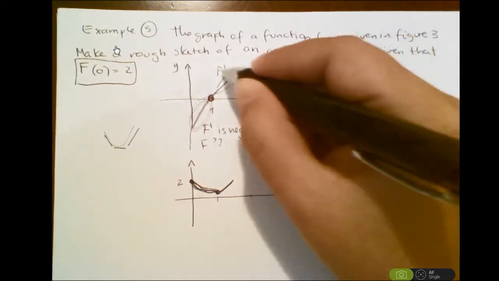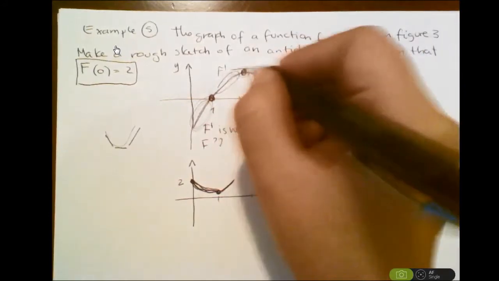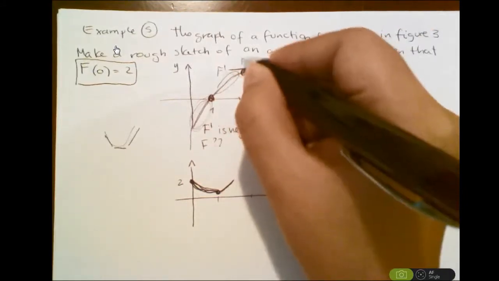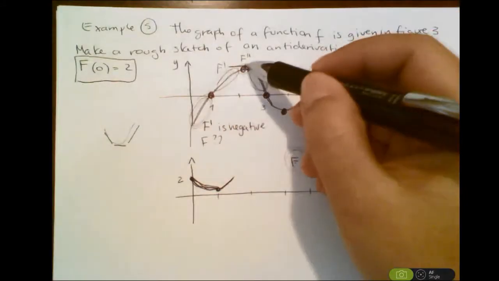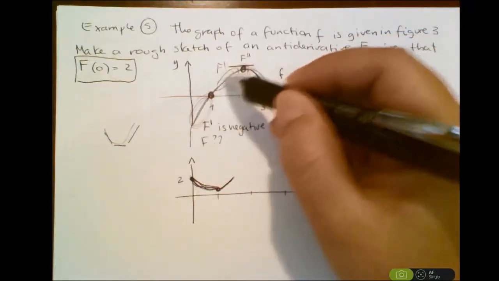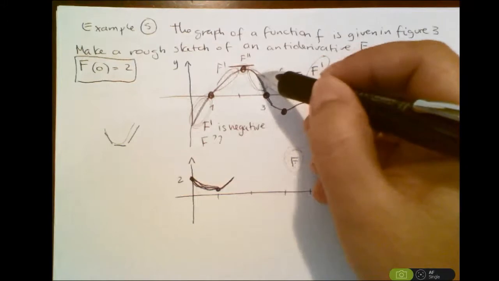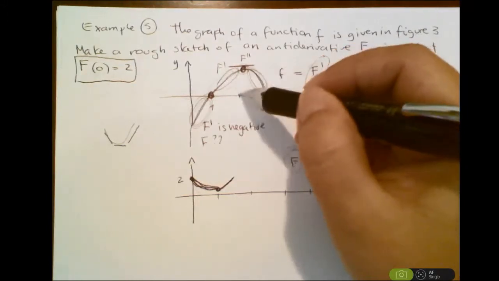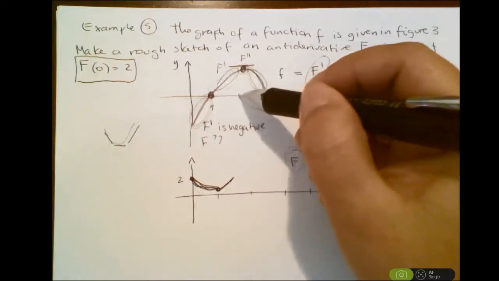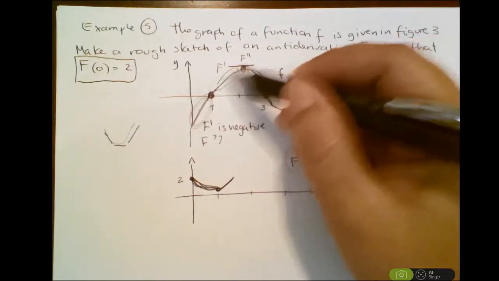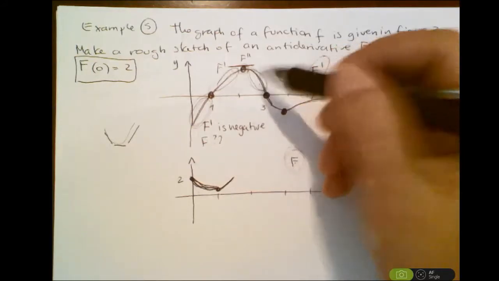Notice how the slope in here is 0. Because the second derivative is positive before 2 and negative after it, you can see how at 2 we have a point of inflection, because the curvature changes, it concaves up and then it concaves down.